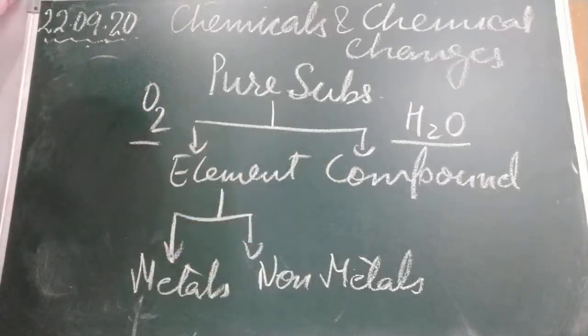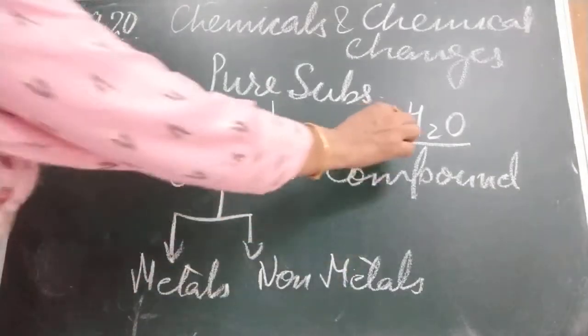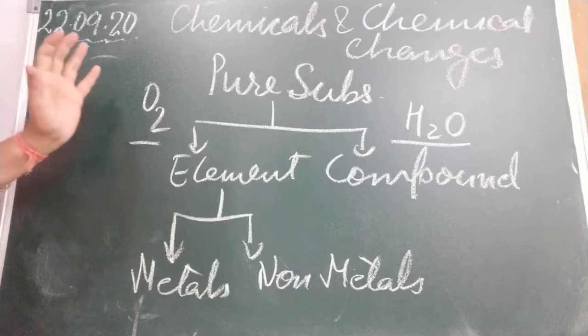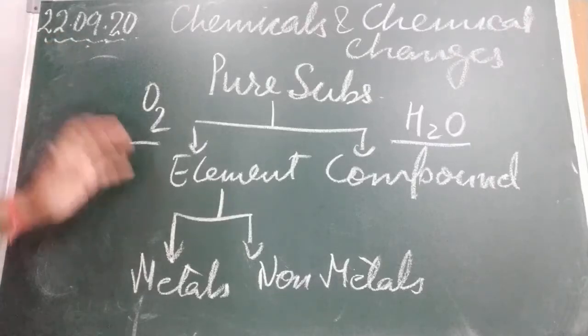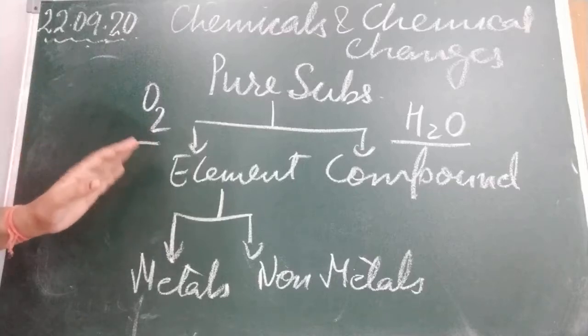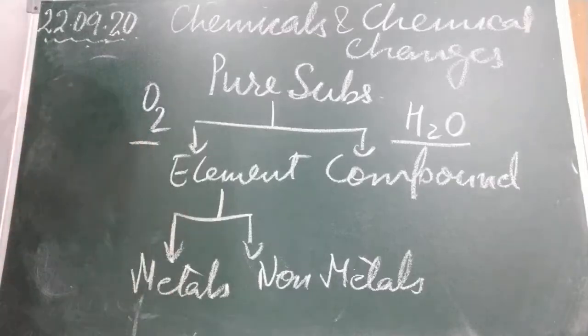A compound is a substance that is formed when two or more elements combine chemically. And now you are all aware how they combine chemically, chemical reactions and all take place. Mixture, what are mixtures? A mixture consists of two or more substances simply mixed together but not chemically combined. We can separate them easily.